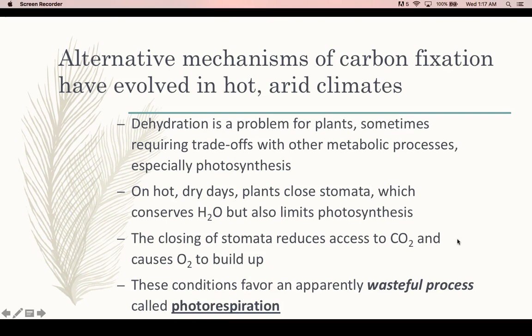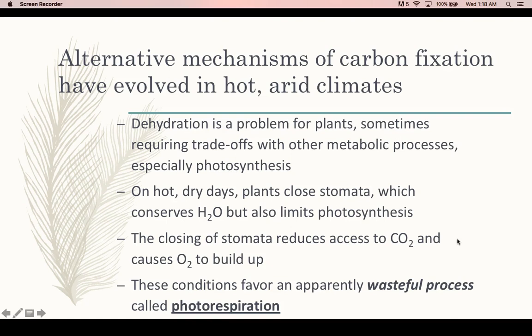And so we don't end up with a C3 compound, we end up with a C2 compound. And that's a wasteful process because when this happens, at least 50% of the carbon dioxide is used up. So it's a wasteful process, to say the least.